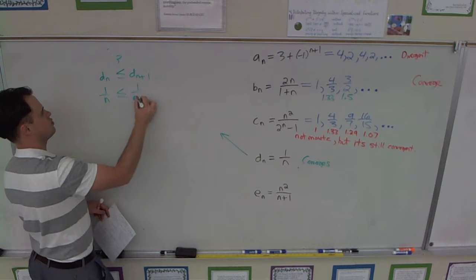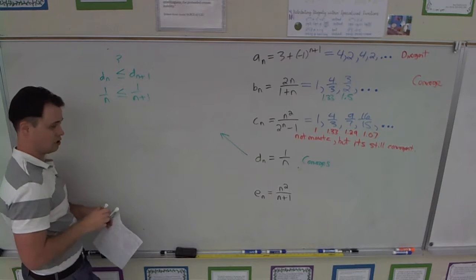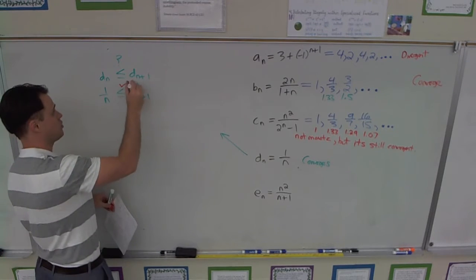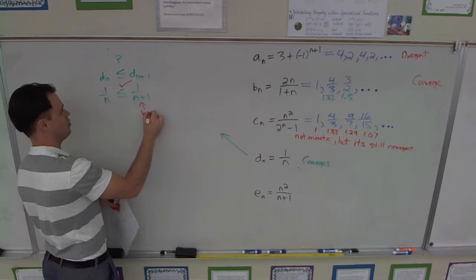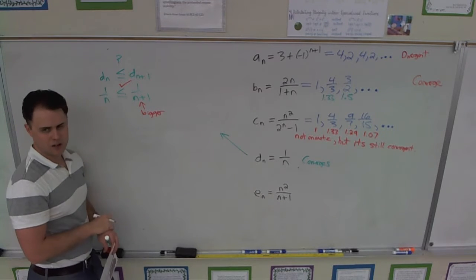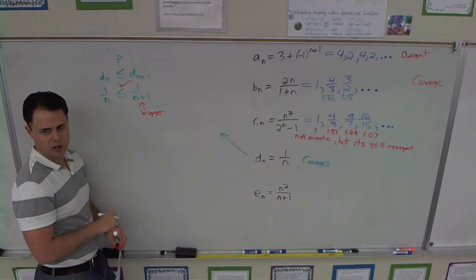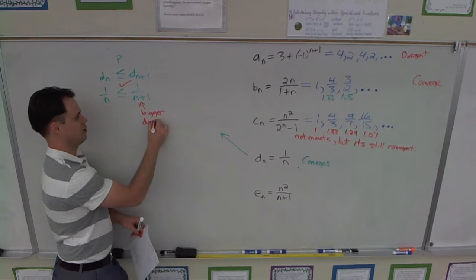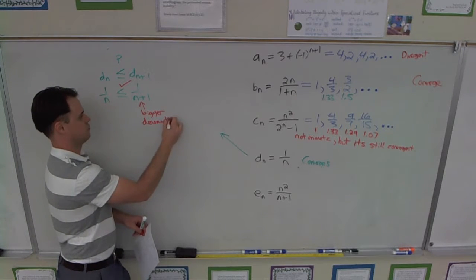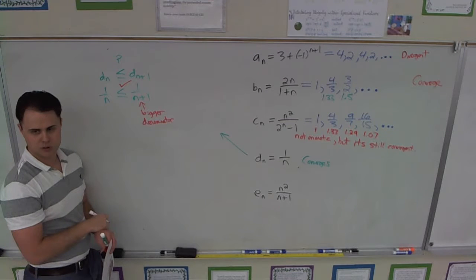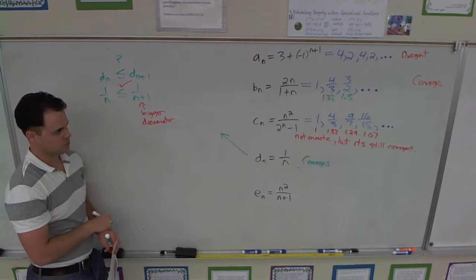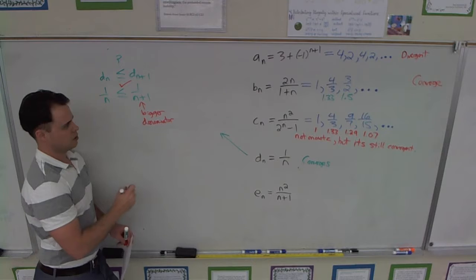Is that less than this? Yeah, I don't think I need to do anything more. Check mark. If I wanted to be super explicit, in any higher level math you'd never do that because it's obvious. Bigger denominator is clearly a smaller thing, okay? So that guy is clearly monotonic.